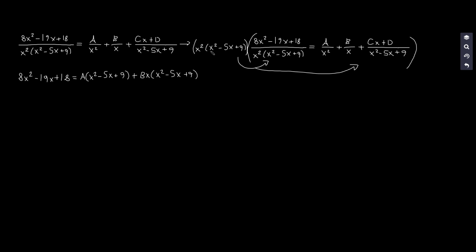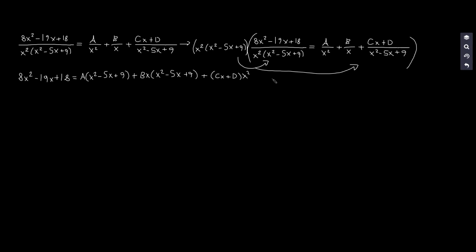X squared times x squared minus 5 times x plus 9 quantity is going to get multiplied to c times x plus d over x squared minus 5x plus 9, but the trinomial is going to cancel for both of them. And so I think it's going to look like this.